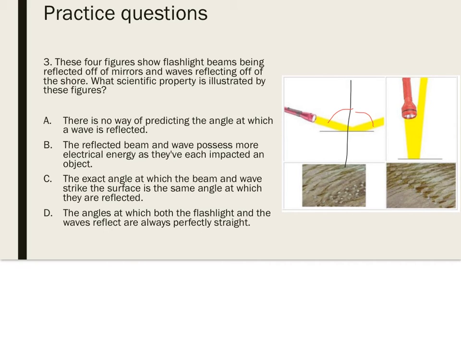The angle of incidence right here is equal to the angle of reflection right here. So the exact angle at which the beam and wave strike the surface is the same angle at which they are reflected. So if you look through our answer choices, you will come up with C.